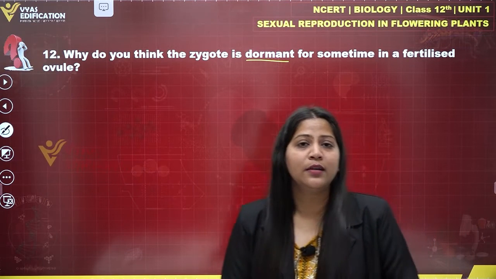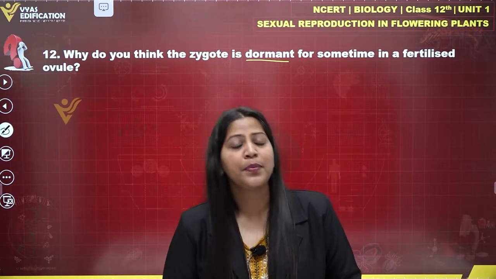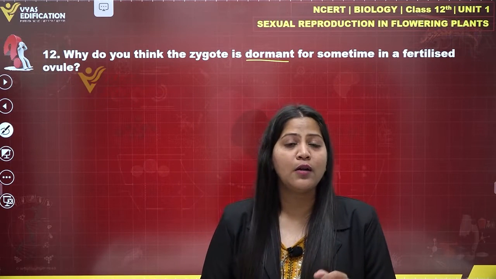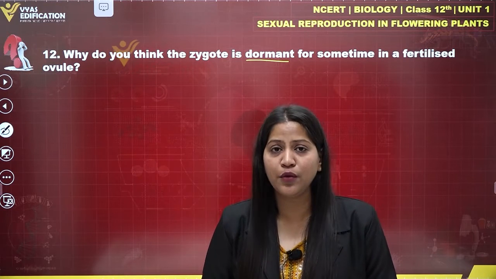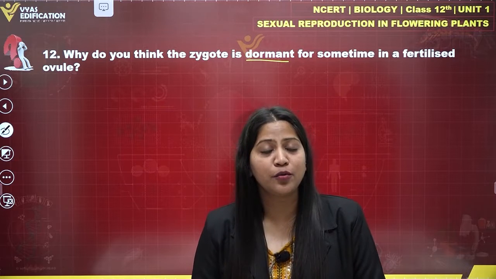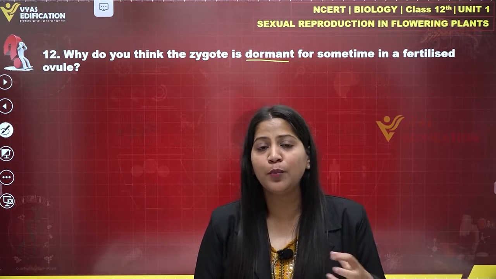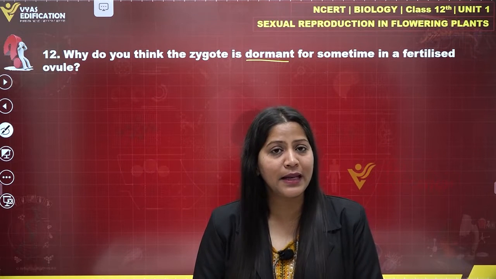We know that double fertilization is a unique feature of all angiospermic plants. Double fertilization involves syngamy as well as triple fusion. Syngamy is a fusion of male and female gamete, and triple fusion is a fusion of 3 haploid nuclei, 2 polar nuclei and 1 nucleus of a male gamete.